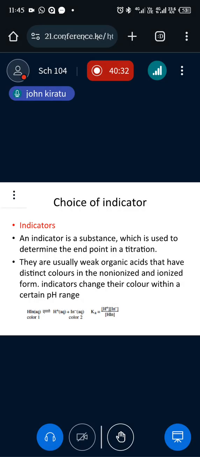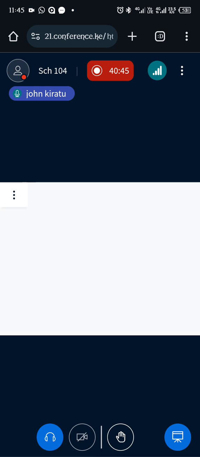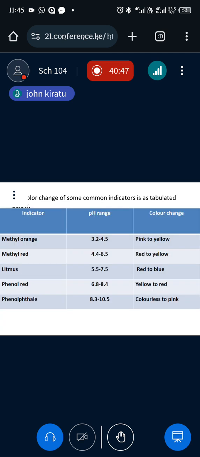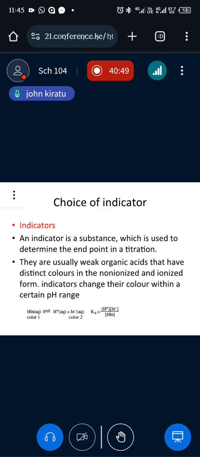An indicator is a substance which is usually used to determine the endpoint. You remember we defined the endpoint as where the indicator changes color. And it's usually an organic weak acid, which at a certain pH has one color, and when pH changes, it changes color.